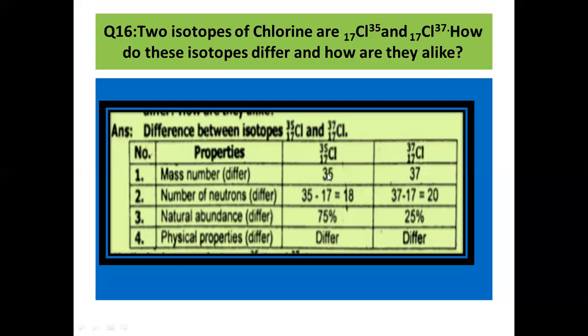As the number of neutrons is different, the mass number is different. Mass number difference means physical properties are also different. So these are the four different properties between the two isotopes, and not only isotopes of chlorine, but all types of isotopes of any element differ in these properties.